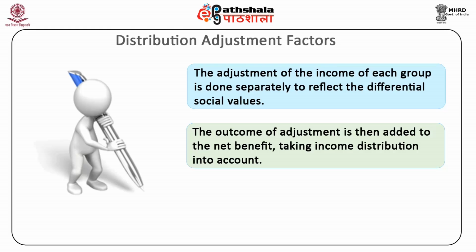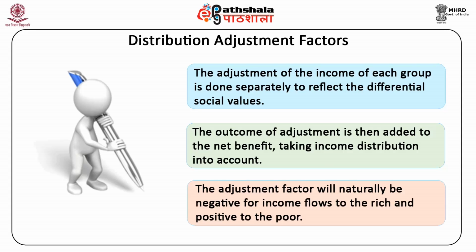The income flow values are then multiplied by the adjustment factors and the product is added to or subtracted from the net present values which have been adjusted for savings impact, to obtain social net present values that reflect the income distribution impact of the project. The adjustment factor will naturally be negative for income flows to the rich and positive to the poor.